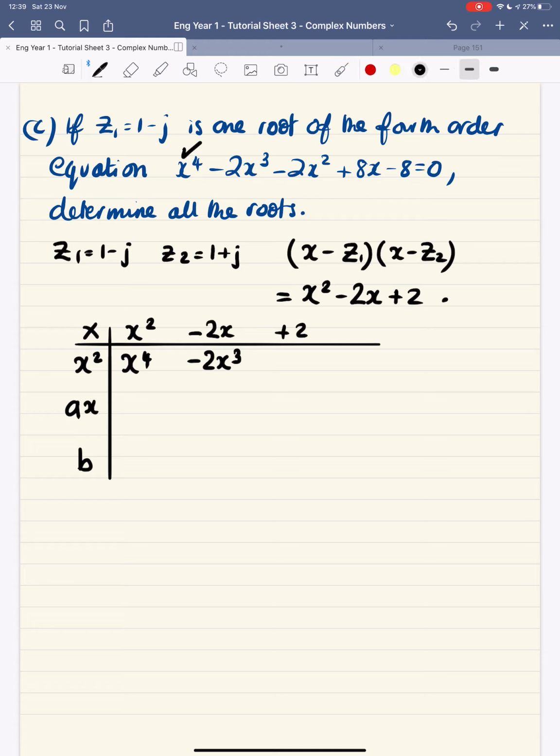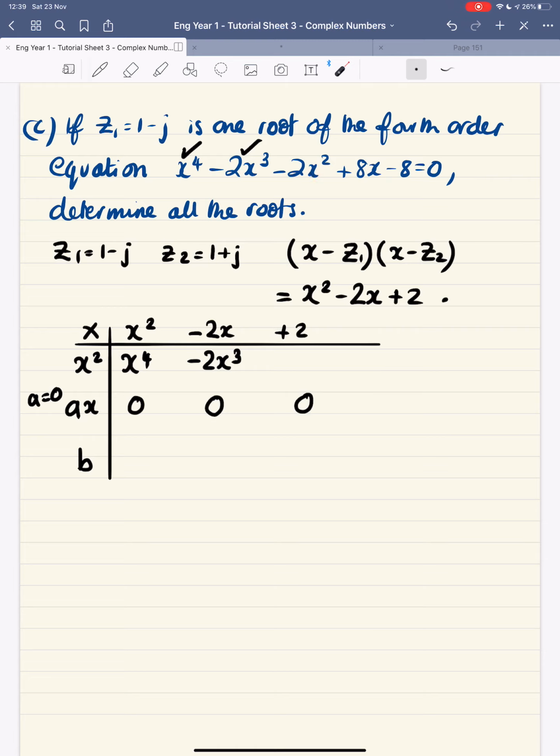So therefore, a is 0. Okay, so that means that's a 0, that's a 0, and that's a 0. We've got our minus 2x cubed. Brilliant, that's a real good start, which is what I wanted. Right, so next we need to think about the x squared.